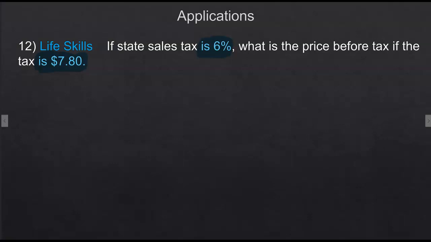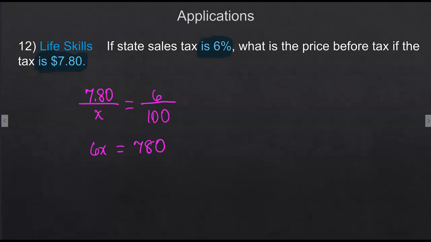The $7.80 is our "is," and we're looking for the amount that we were purchasing to end up owing $7.80 on tax. So it's got to be a decently large number compared to $7.80. Cross multiply.